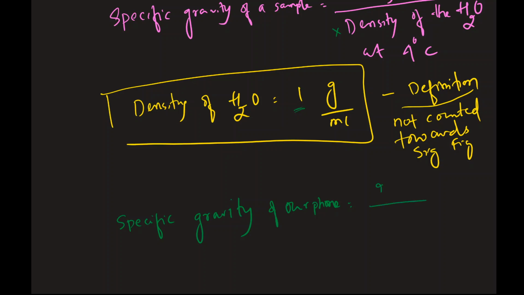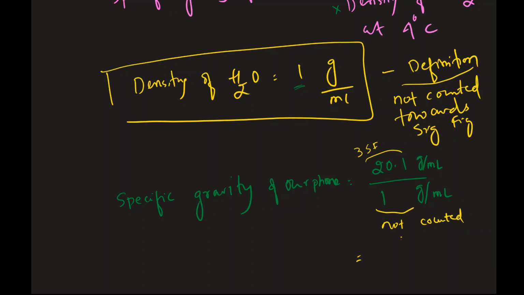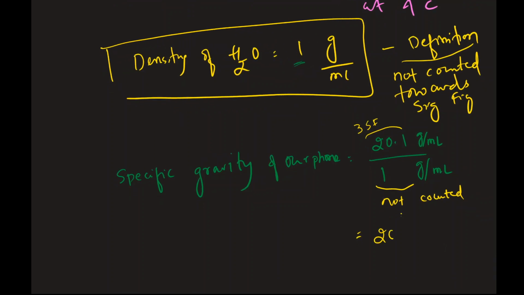What was the density? 20.1 grams per milliliter. What is the density of water? 1 grams per milliliter. The bottom one is not counted as sig fig, and the top one has 3 sig fig. So your answer should have how many sig fig? 3, 20.1. And that's gonna be the answer.